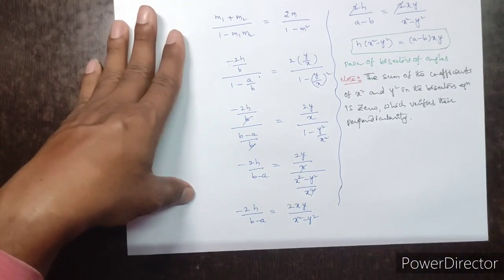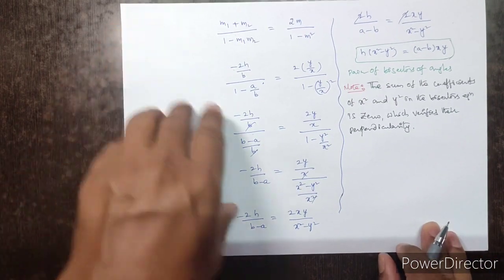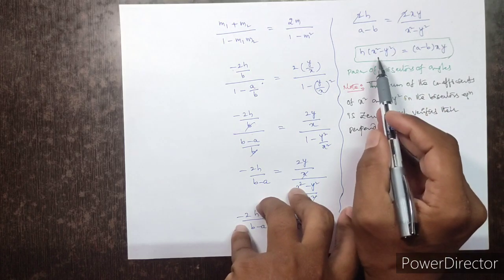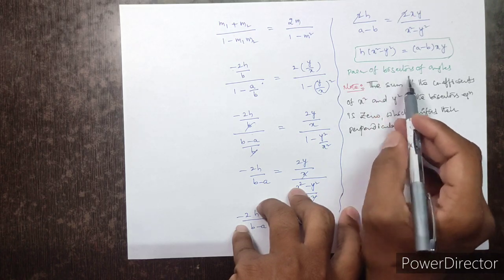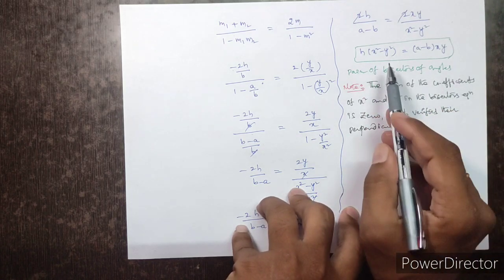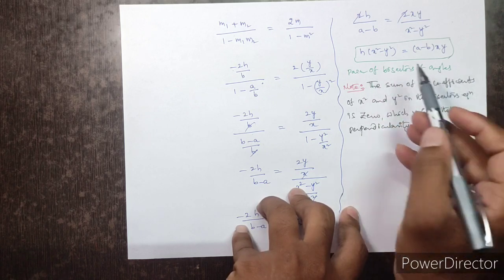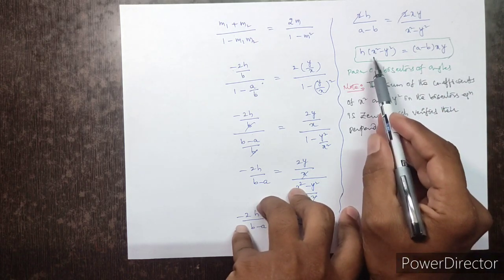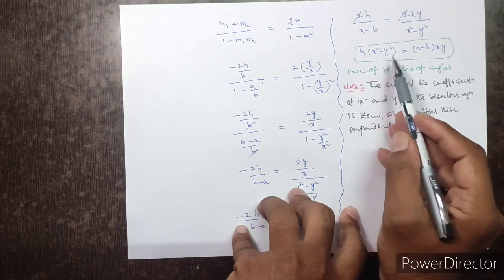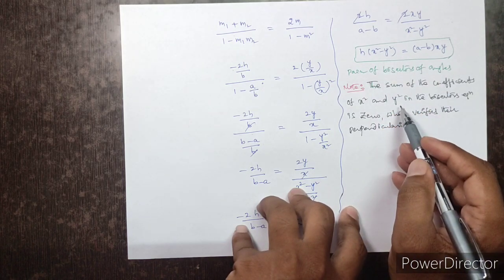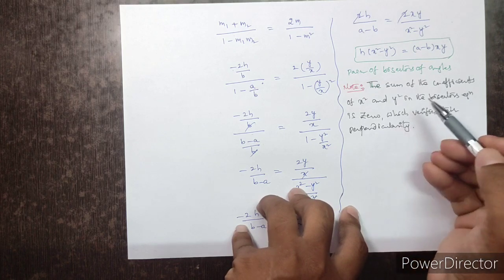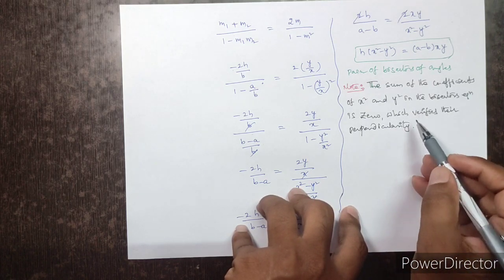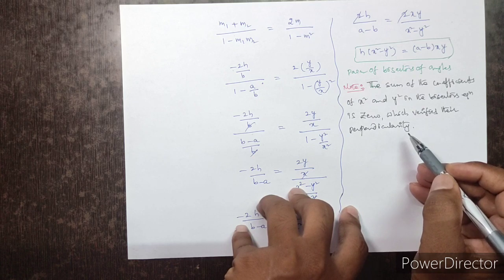That means after calculating the equation of the pair of bisectors of the angle, if in that equation the sum of coefficients of x square and y square is 0, then the pair of bisectors of angles are perpendicular.